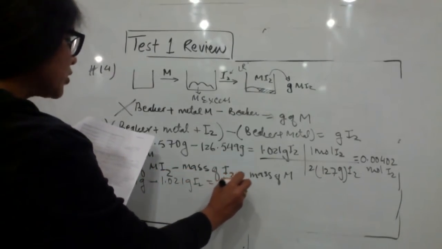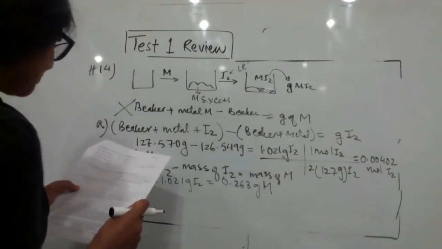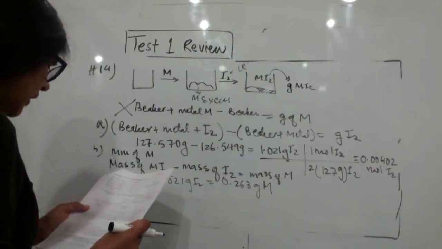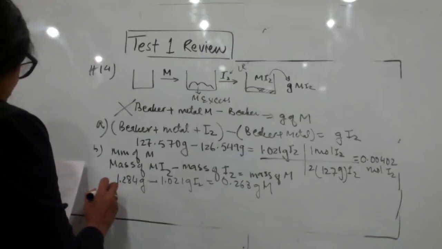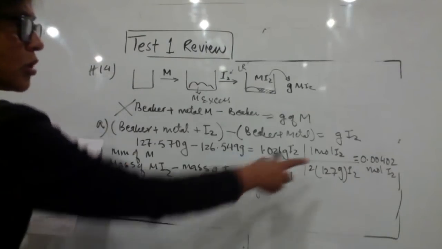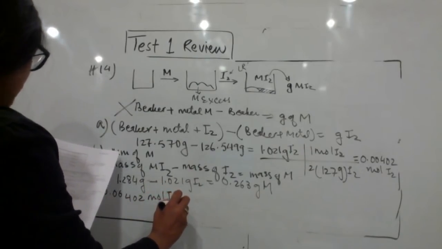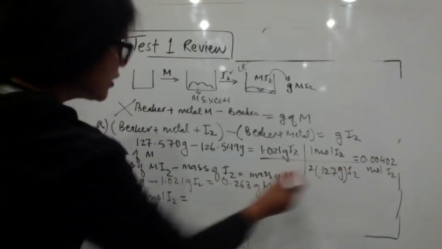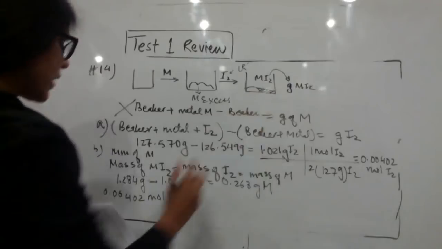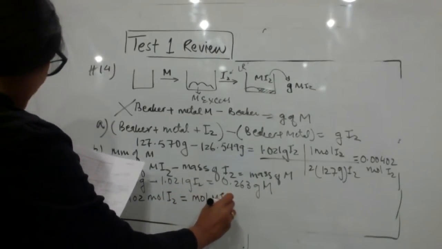It gives you 0.263 grams of M. We want to figure out the molar mass, right? We calculated 0.00402 moles of I2, and because there's a 1-to-1 mole ratio between MI2 and I2, it will also be the same moles of MI2, right?